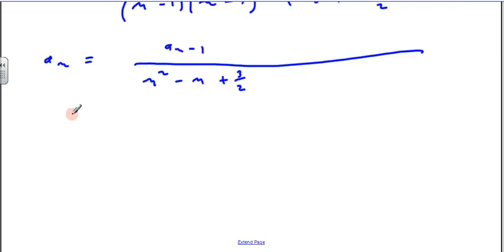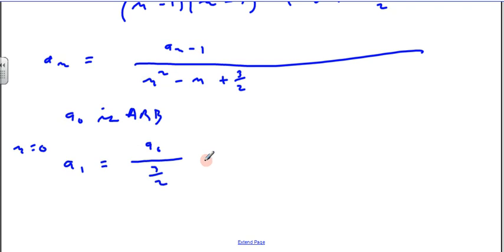Okay, a0 is going to be arbitrary. And at n is equal to 0, I'm going to have a1 is equal to a0 over 3 halves, which is going to be 2a0 over 3.